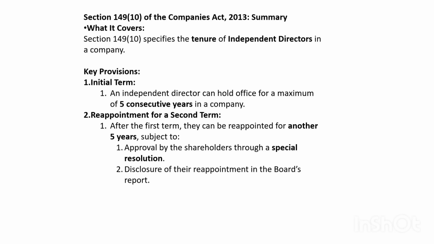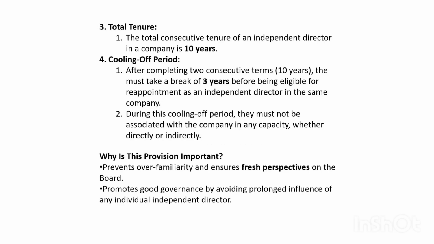For reappointment after the first term, they can be reappointed for another 5 years, subject to approval by shareholders through a special resolution and disclosure of their reappointment in the board's report. The total tenure of an independent director in a company is 10 years.